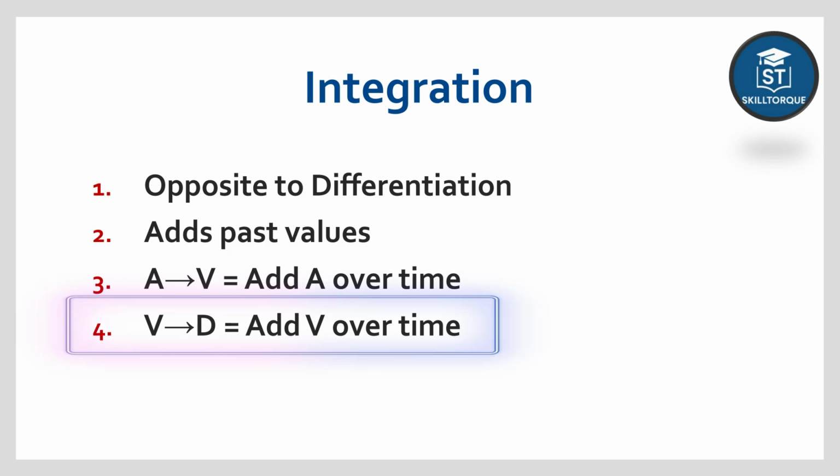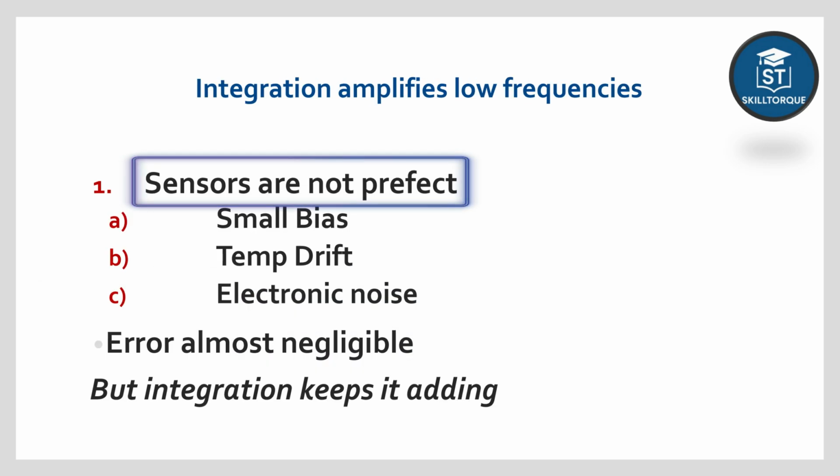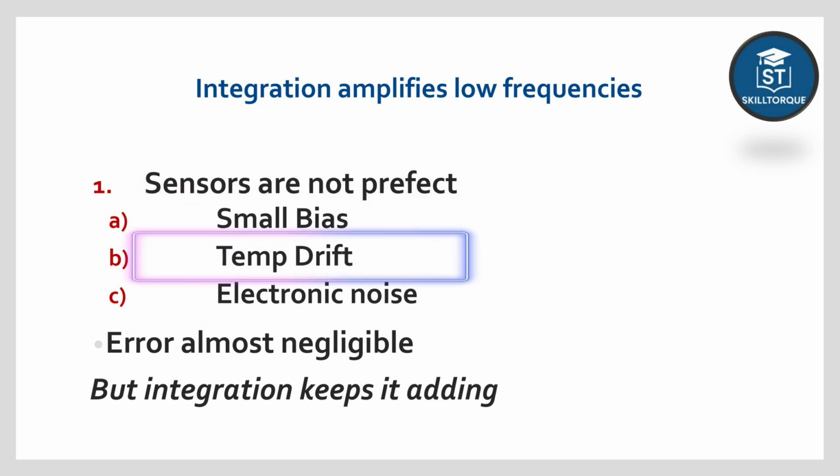In the real world, we know that sensors are not perfect. There is always a very tiny error because of electronics, small bias, some kind of electronics noise, or temperature drift.